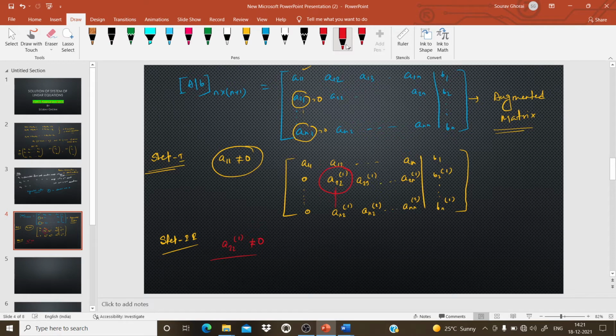And in that case, we will make all the terms under the A221 zero. Okay, so now here, what we get?